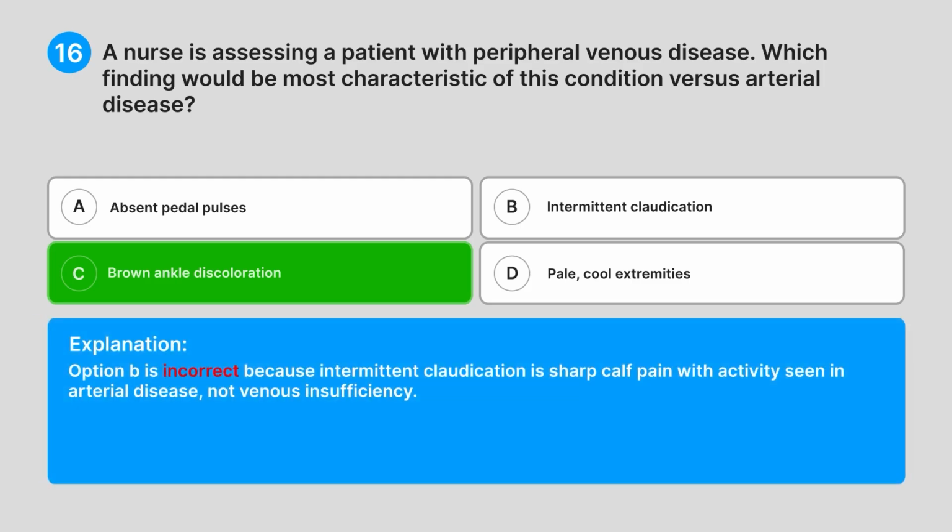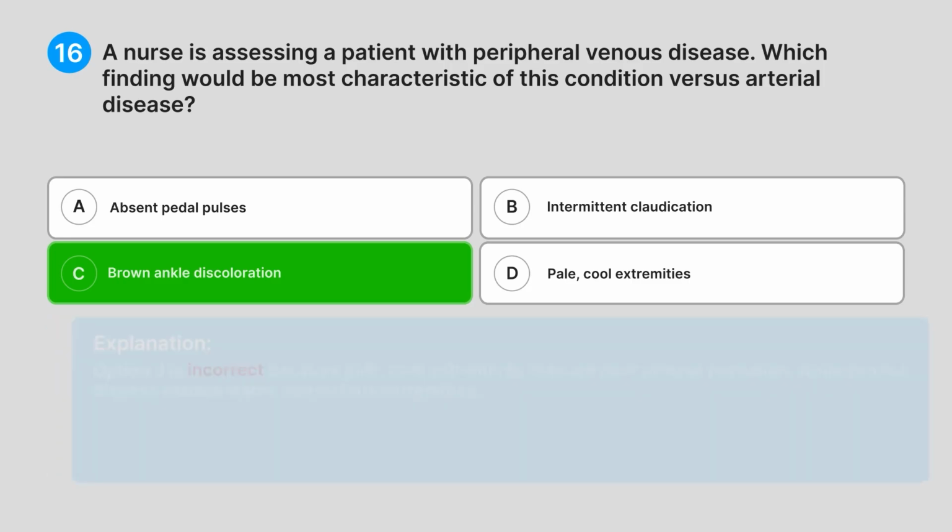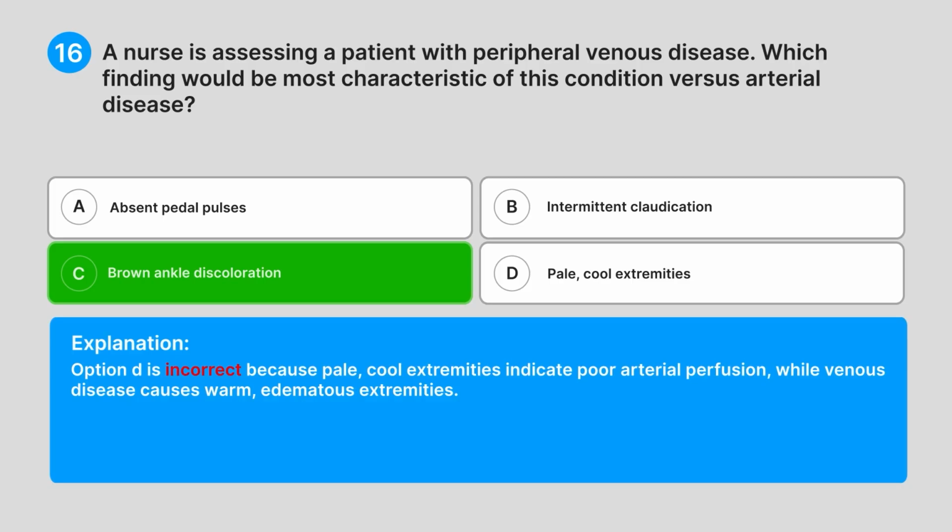Option B is incorrect because intermittent claudication is sharp calf pain with activity, seen in arterial disease, not venous insufficiency. Option D is incorrect because pale, cool extremities indicate poor arterial perfusion, while venous disease causes warm, edematous extremities.